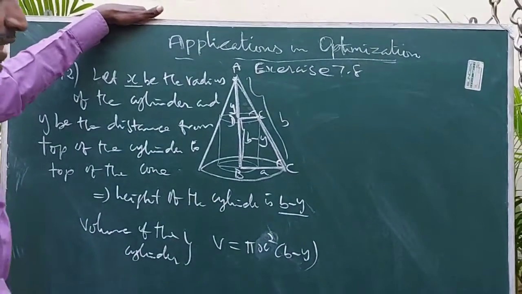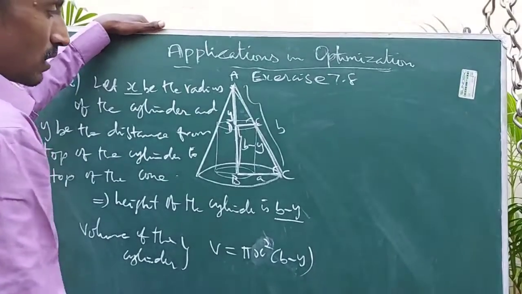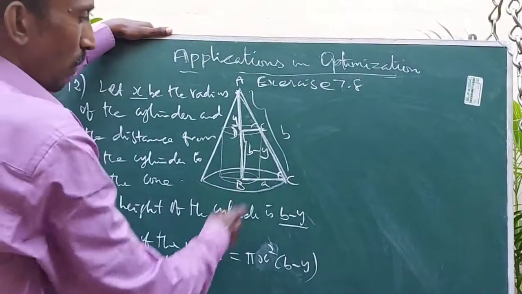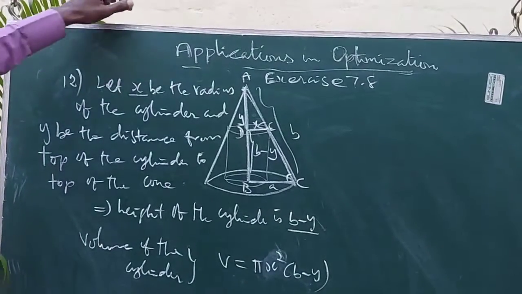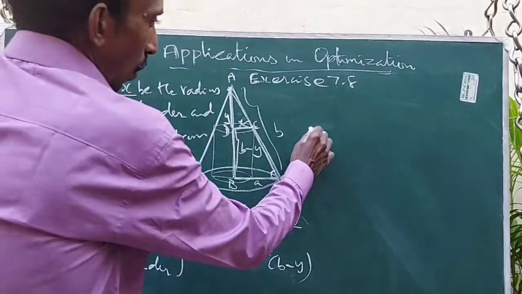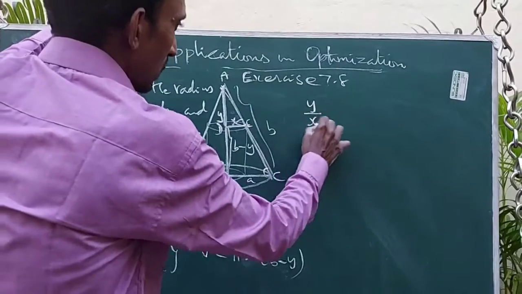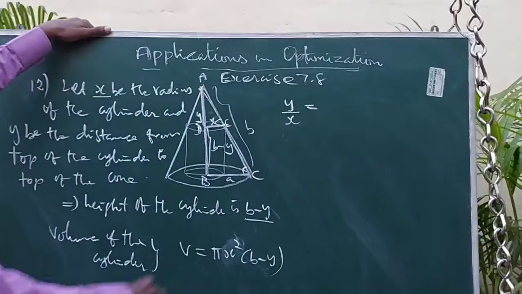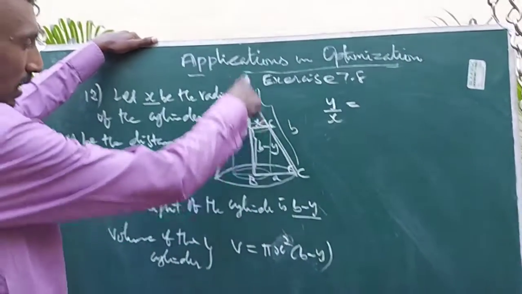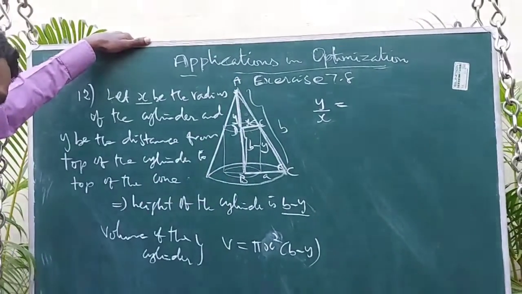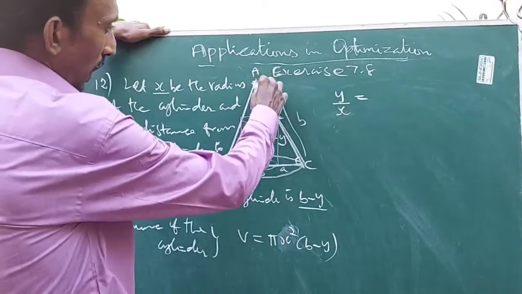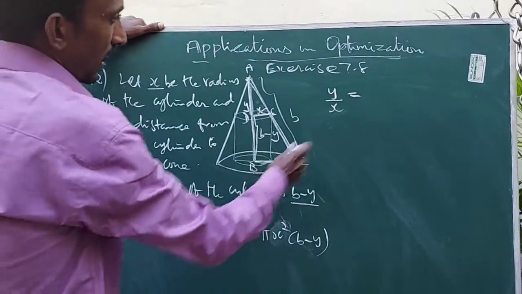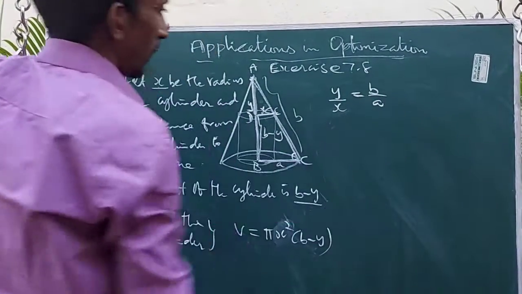Similar triangles means the ratio between the sides are equal. So here the ratio between the two sides, y by x, is equal to the height of the whole thing, b, over a. So y by x equals b by a.